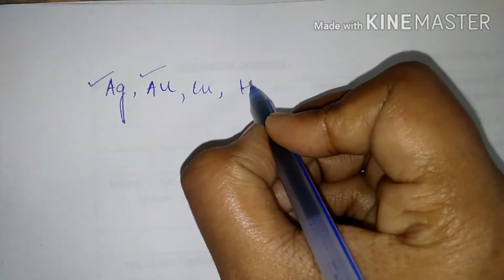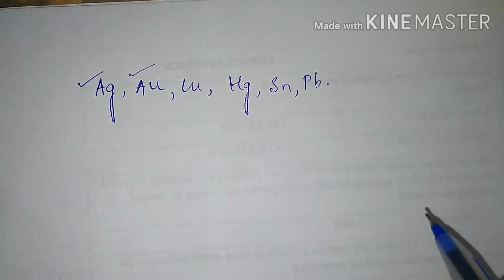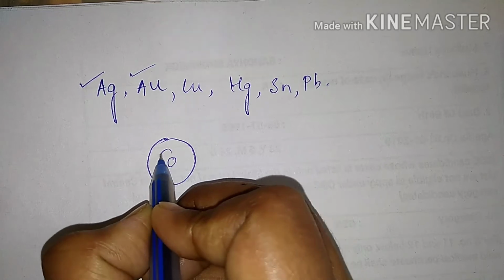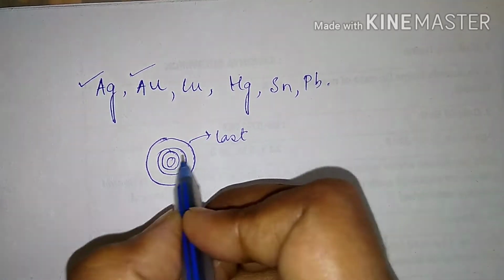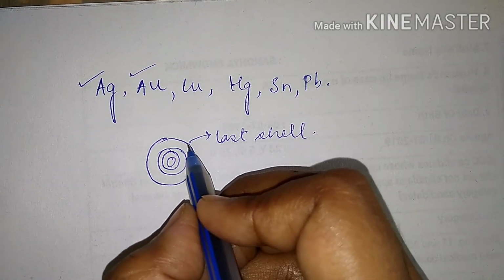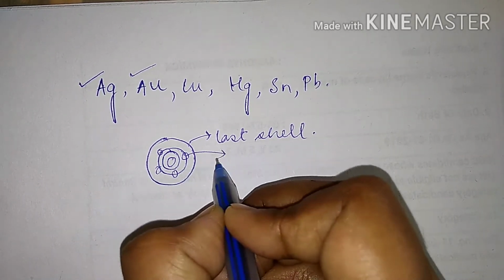The concept of variable valency came from the fact that atoms lose electrons from their last shell, but atoms like silver, gold, copper, mercury, tin, lead, etc. lose electrons from the last shell also. If we draw, this is the last shell, and after losing electrons from the last shell, they lose electrons from this second last shell also.